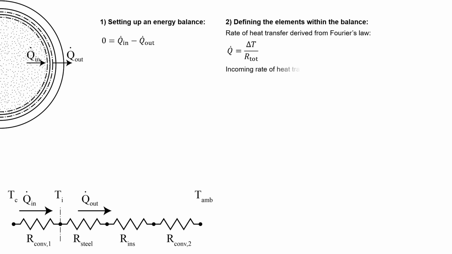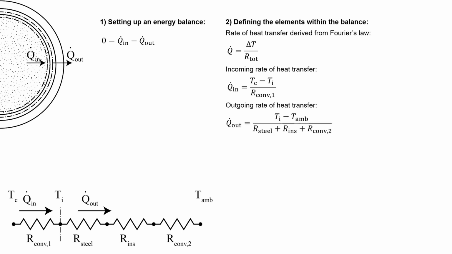We can use this to find an expression for Q dot in, where the temperature difference is the difference between the milk temperature and the interface temperature, and the corresponding thermal resistance is the thermal resistance resulting from convection on the inside. Q dot out can be written in a similar way, where we take the temperature difference between the interface temperature and the ambient, and the thermal resistance is the sum of the resistances from the steel, the insulating layer, and convection from outside.